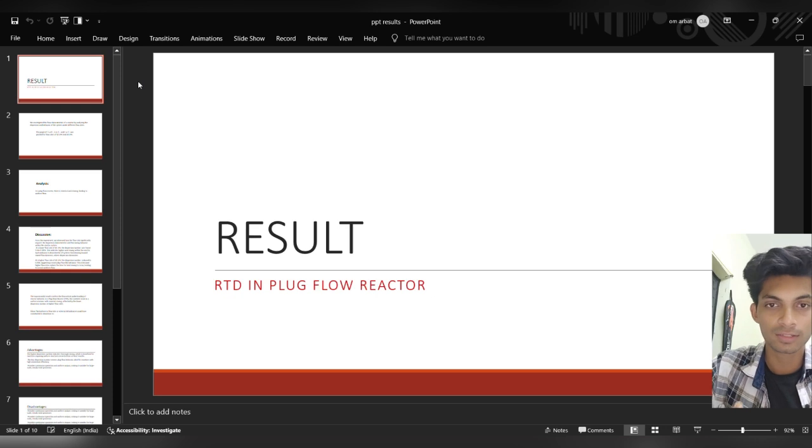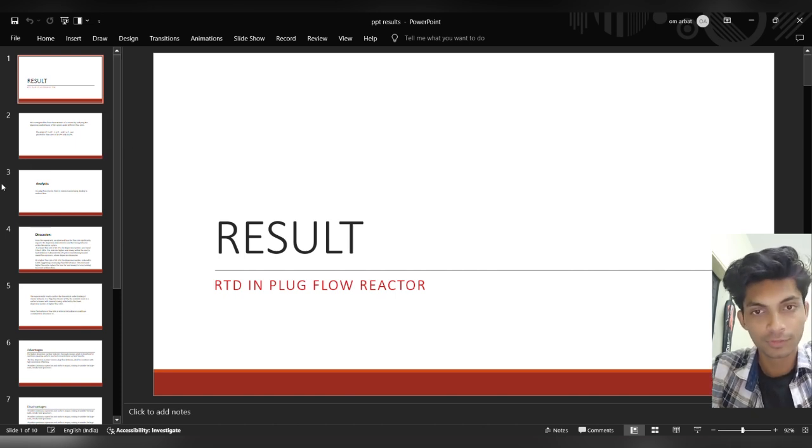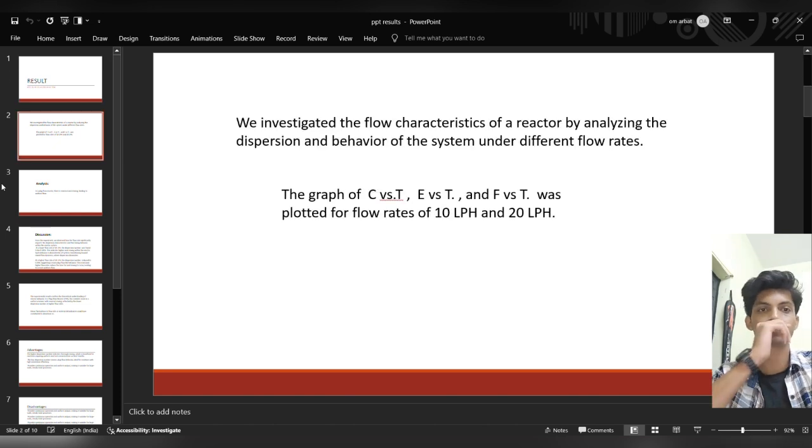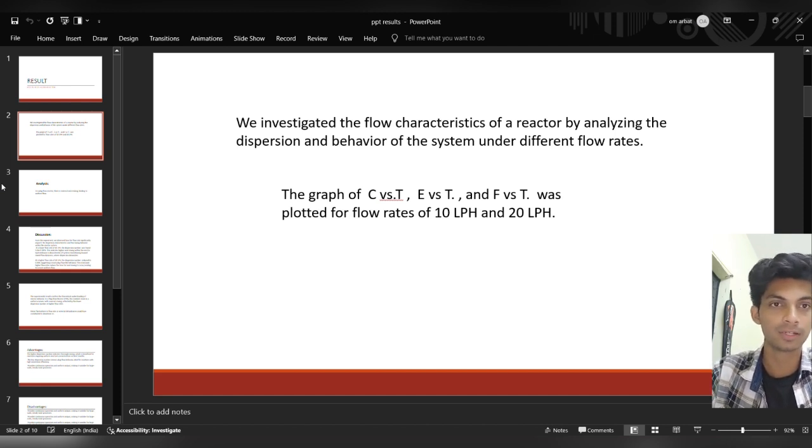Okay, so now let's discuss the results. So we investigated the flow characteristics of the reactor by analyzing the dispersion and the behavior of the system under different flow rates. The key observations include, first, the graphical analysis. The graph of C versus T, E versus T and F versus T was plotted for flow rates of 10 lph and 20 lph.